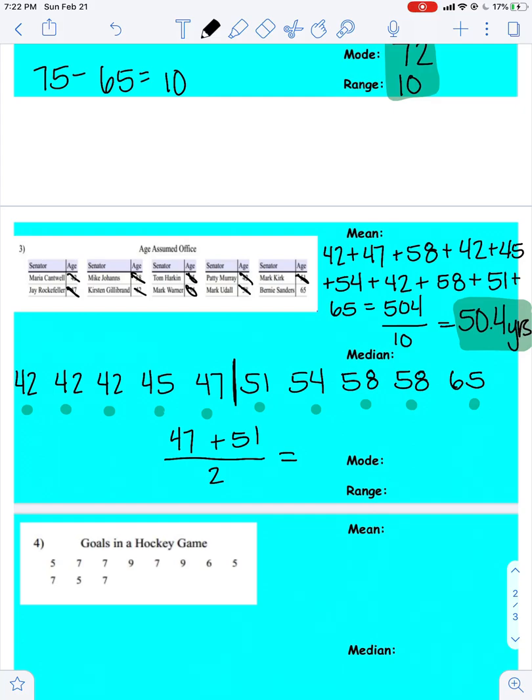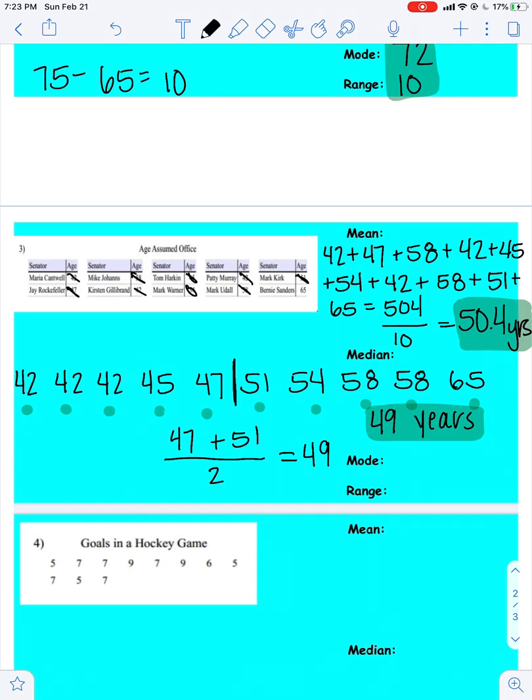That gives me 98, and when that's divided by 2, we get 49. So our median is going to be 49 years. When you have an even number, you'll have to add the 2 that are right next to the middle and then divide by 2.